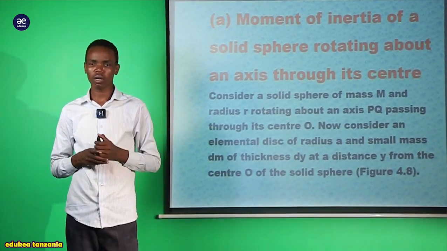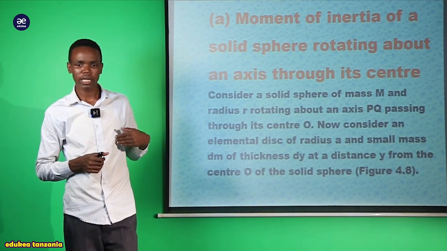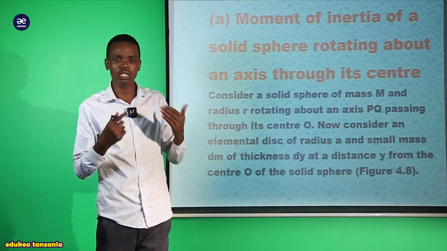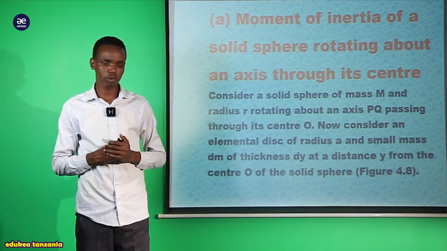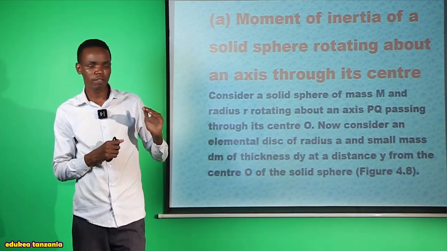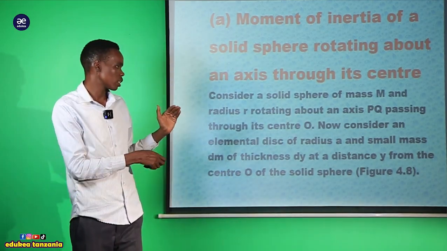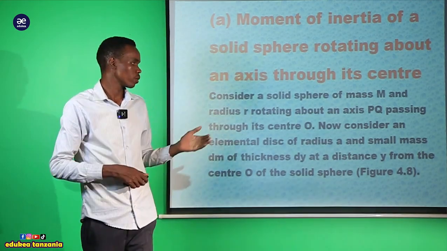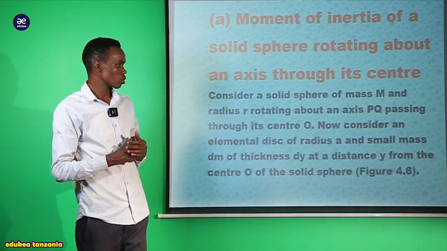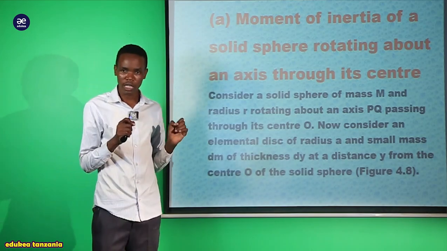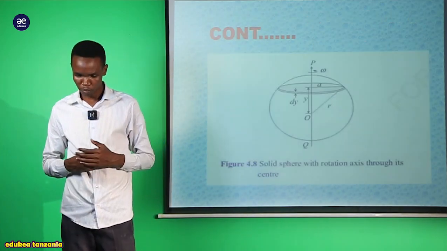That is what we are going to see in our figure here, which gives more explanation of how the solid sphere looks. We have observed that it involves the elemental disk with the radius a and also the small mass dm of thickness dy.